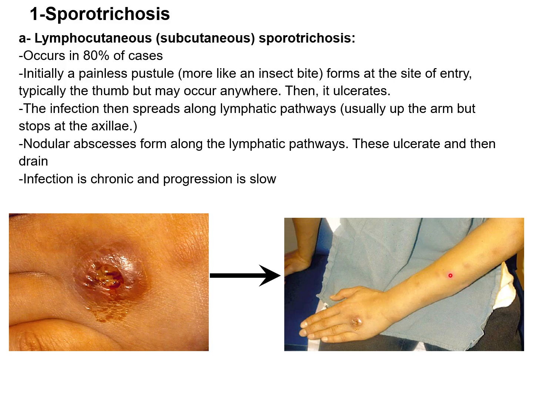These will then ulcerate and will drain, and you'll see what that looks like on the next slide. So the infection usually, in most cases, starts at the thumb and then starts spreading along the arm, but then will stop at the axilla region, at the armpit, that is. This is a chronic infection, so the progression is quite slow.